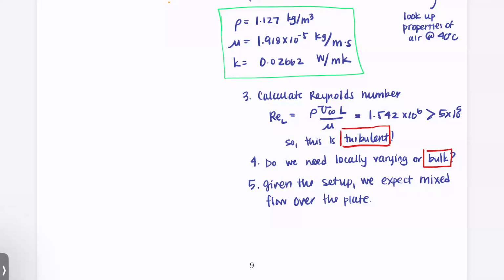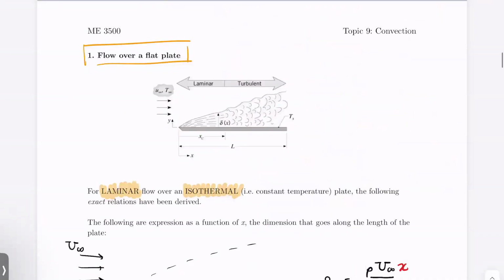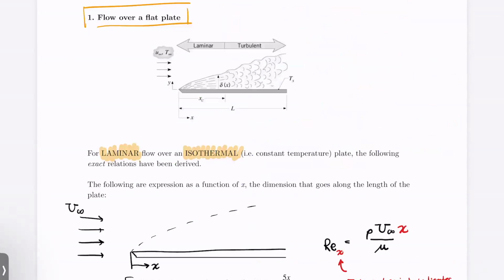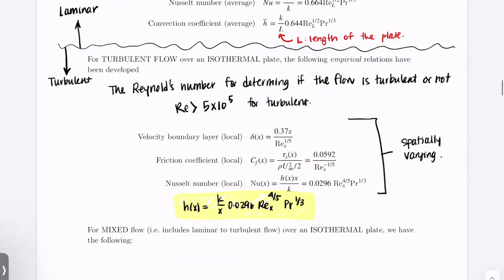Typically on an exam, I will give you alpha directly, just so you don't have to do all those calculations. Okay, and when I compute all of this, I get a value of 0.7255. For air, Prandtl number is generally always around 0.7. So if you're on a homework or an exam and it's air and you calculate a Prandtl number that is very different from that, go back and check your work. All right.